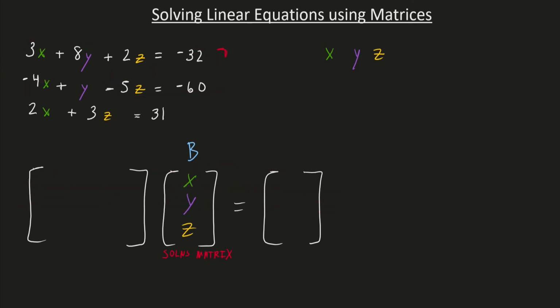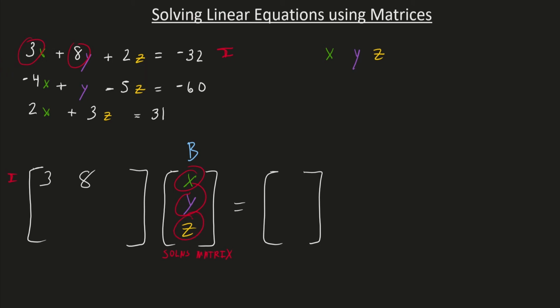So I'll call this equation 1. Equation 1 will go literally in this row right here. And here's how we do that. We take the coefficients of our unknowns and put them here. So for equation 1, what's the coefficient of the x? That'll be a positive 3. The coefficient of the y, that'll be a positive 8.